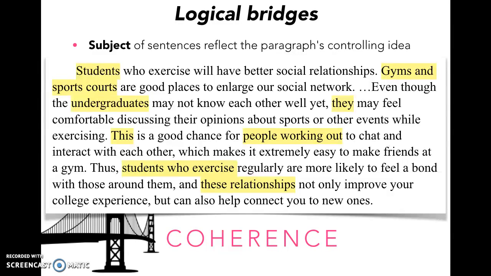So really there's 2 main subjects that are dealt with here, students and exercise, and this runs through the paragraph, but we don't just use those words, we use other terms, we use synonyms to vary our language a little bit, and this creates more coherence within the passage and cohesion.